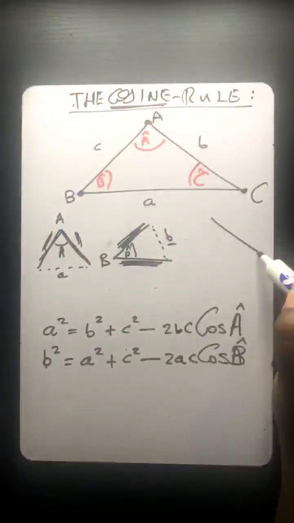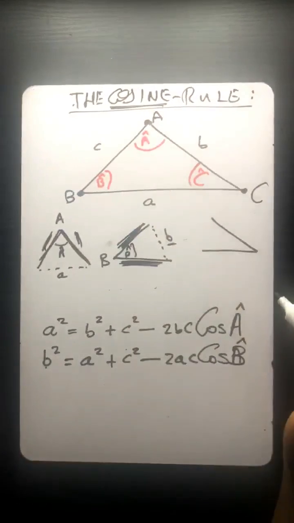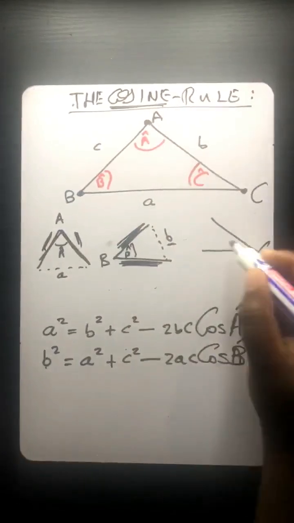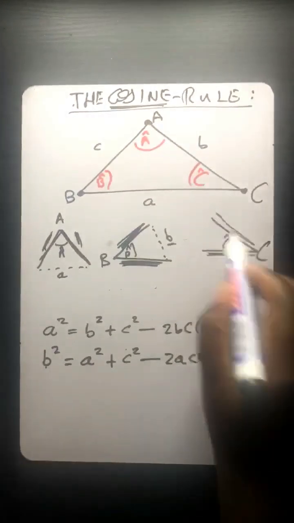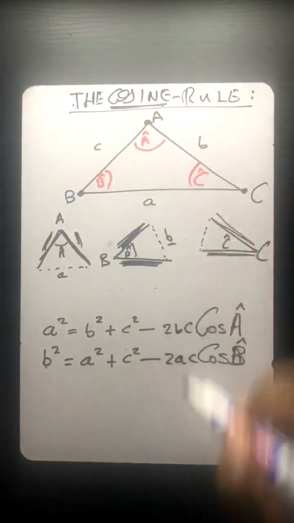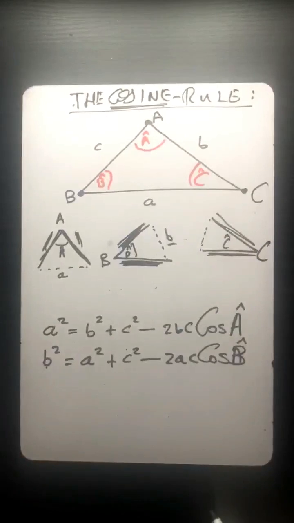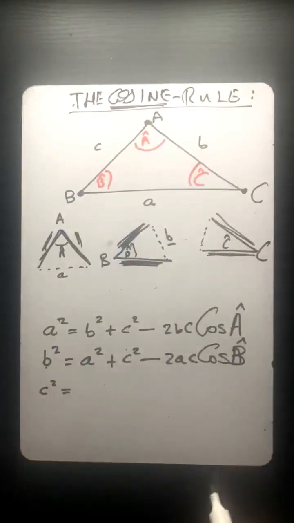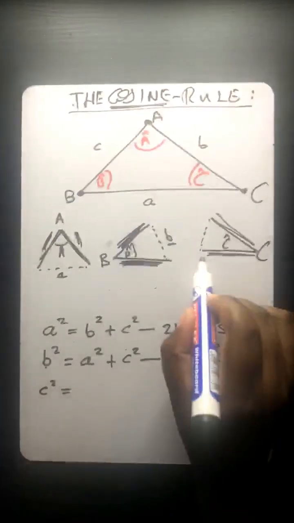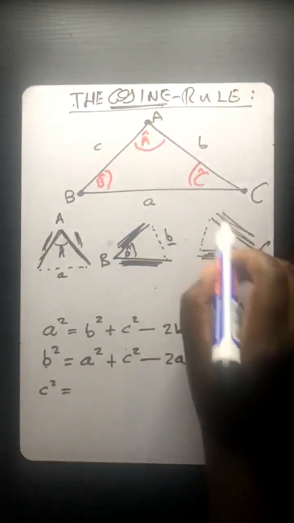You're just going to do it this way, where you know this is your A, this is that angle, and you're going to use this side and that side to look for that. The side we are looking for, represented by small letter c, you are going to say c squared is equal to this side you're going to use, and also that side you're going to use.